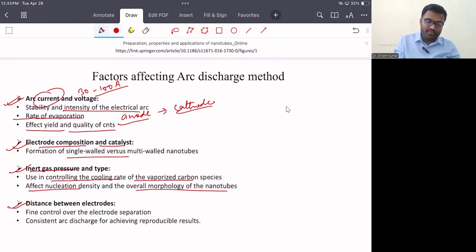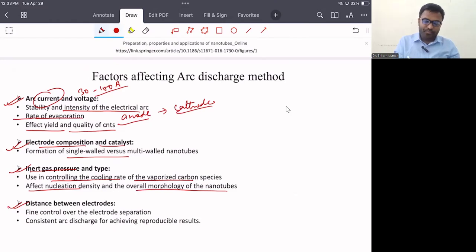And the fourth important factor is the distance between the anode and the cathode. Suppose one is the anode and the second is the cathode. The distance between them is very critical, because the arc formation depends on the space between these two electrodes.